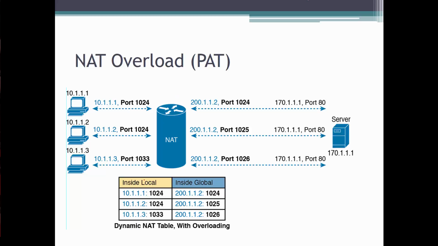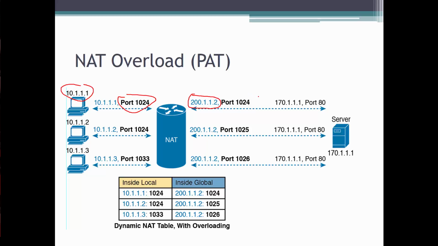because the NAT router will actually know our inside local and a randomized port. The NAT router recognizes those two, and they'll put out a specific public IP address with a random source port.